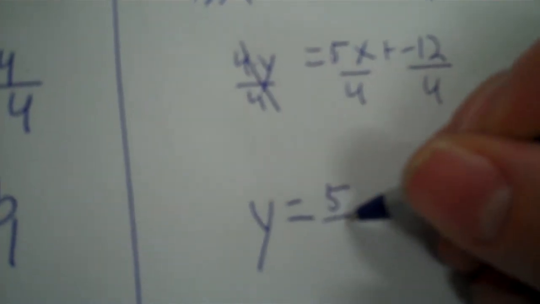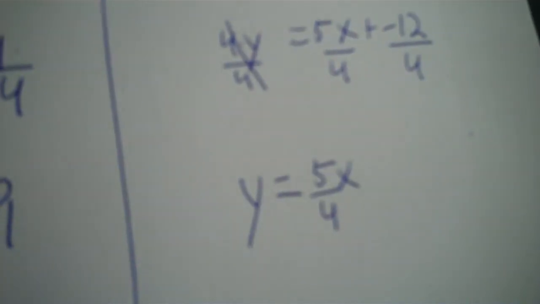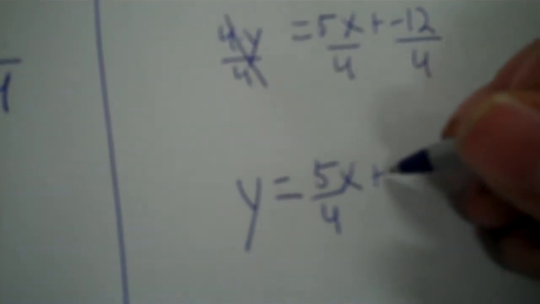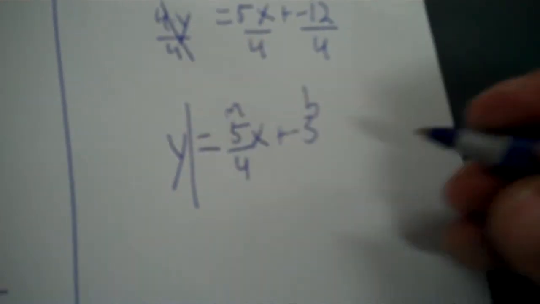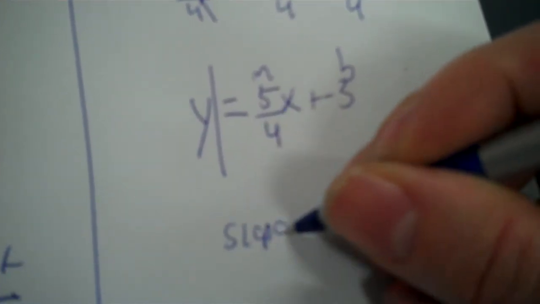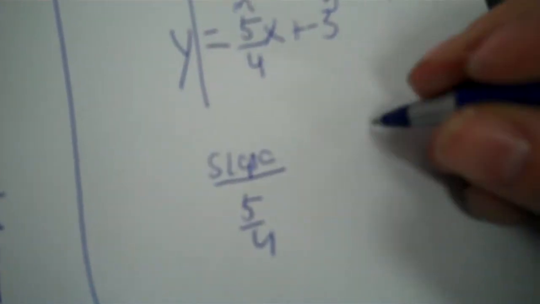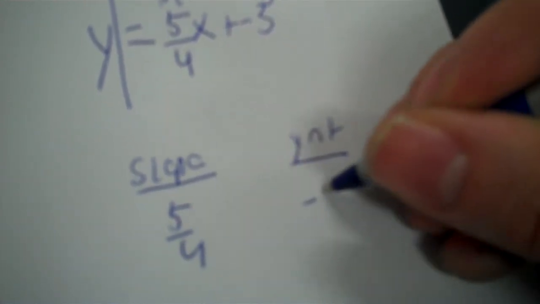Divide all of these by 4. 5 divided by 4 is a decimal, so don't round it. 5 over 4x. It's hard to graph decimals accurately if you have to graph round it. Negative 12 divided by 4 is negative 3. MB. Mx plus b. So the slope is 5 over 4, and the y-intercept is minus 3.